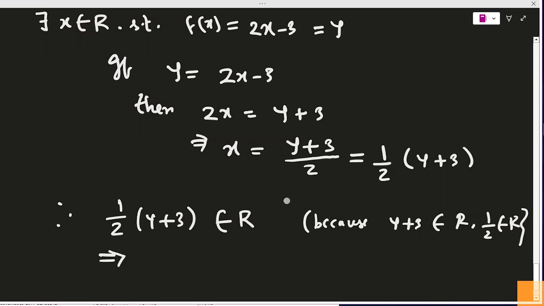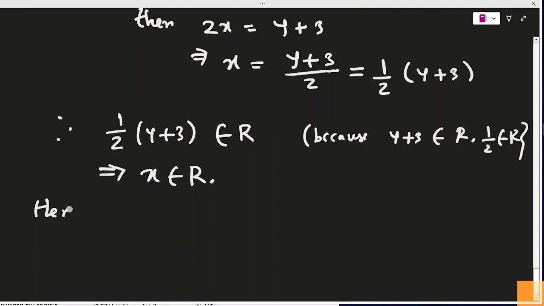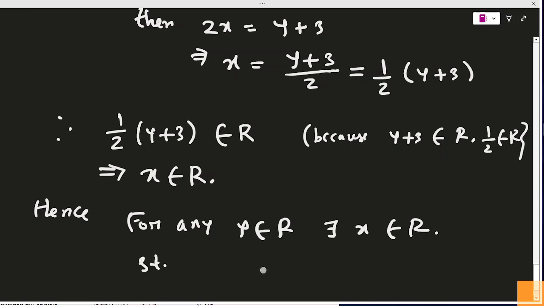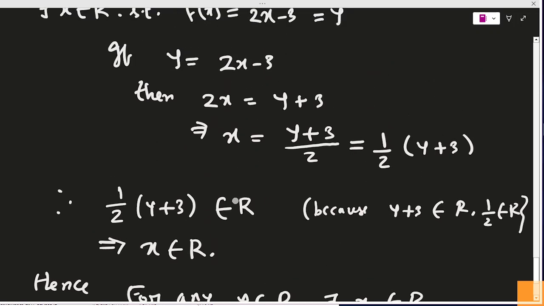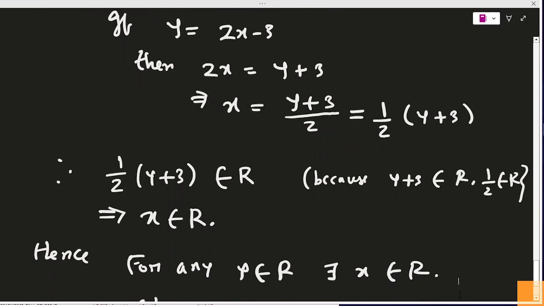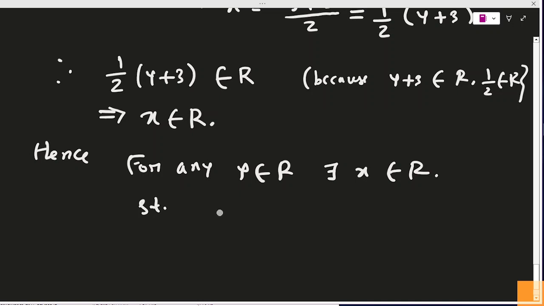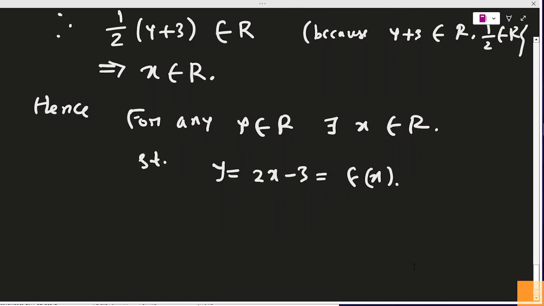This will imply half of y plus 3 is equal to x belongs to R. Hence, for any y belongs to R, there exists x belongs to R such that y is equal to twice x minus 3, which is equal to f of x, right? So y is equal to f of x.